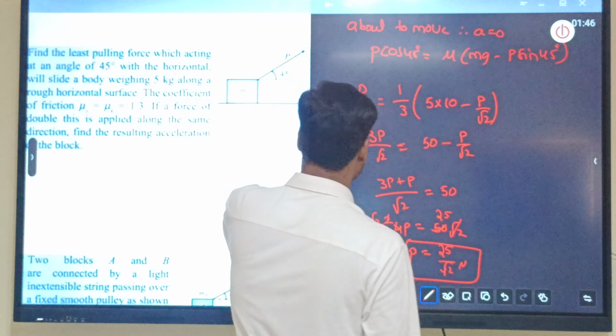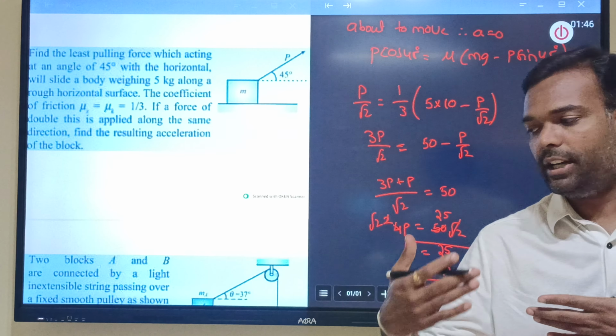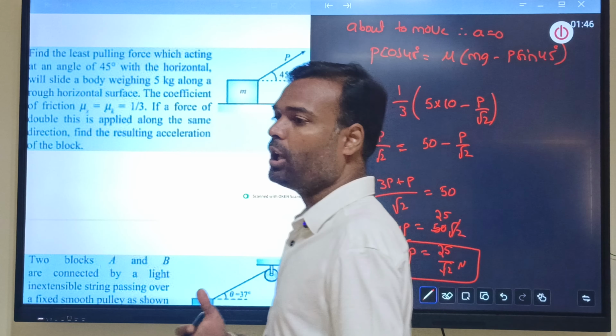And the question says that if the applied force is double this value, what would be the acceleration of the block?